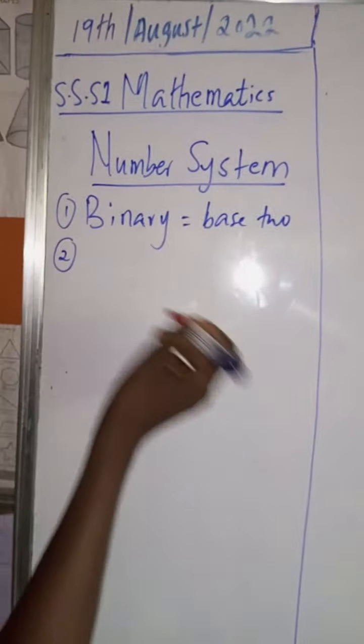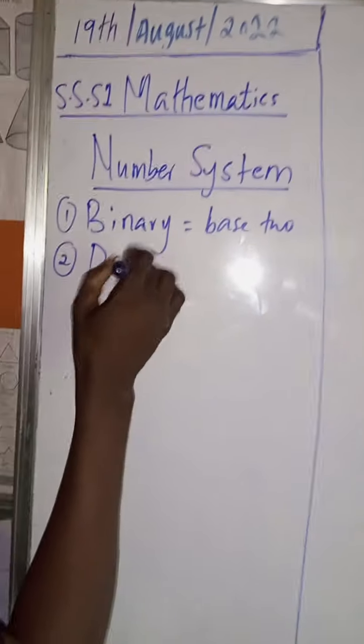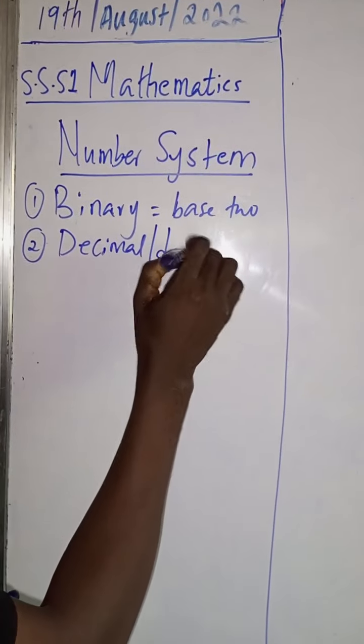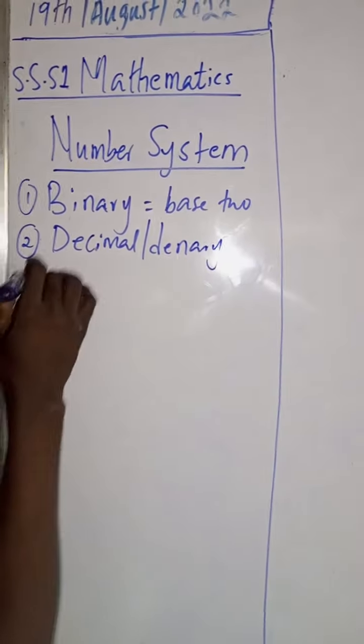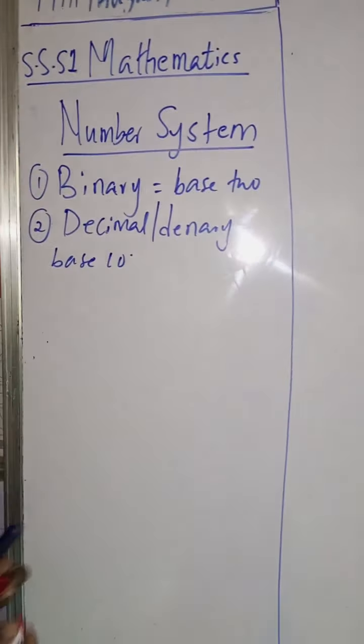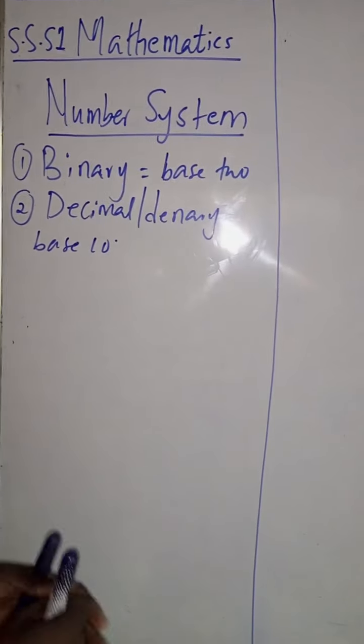The common one, sometimes they call it decimal or some call it denary, is base 10. Base 10 is the bulk of it, the main point.